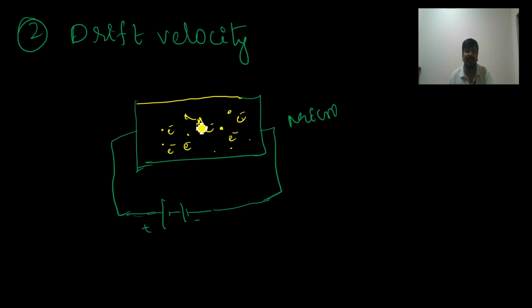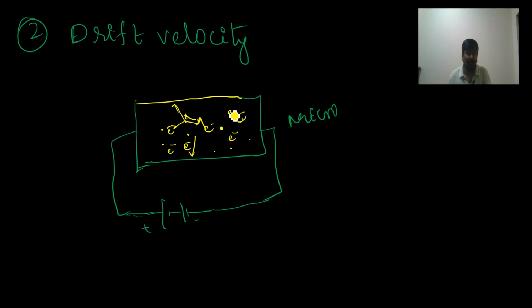So these electrons will hit one electron, and that one will hit another electron. Sometimes they will hit the lattice or walls of the conductor also. So sometimes collisions will happen.